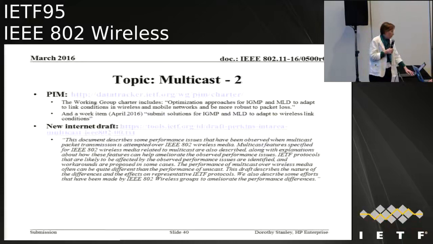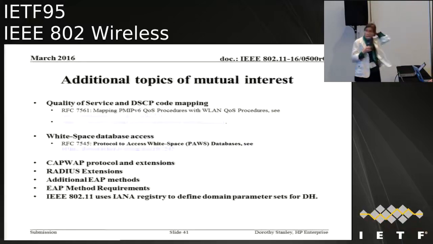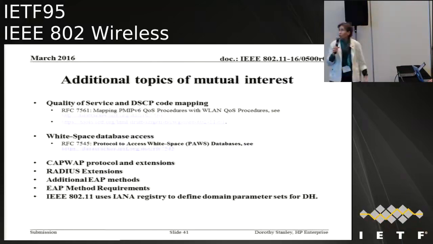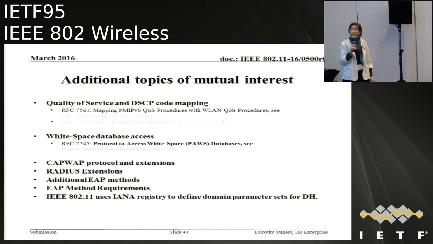Additional information on multicast. Topics of mutual interest. So this gives you a little bit of history of what we have discussed in the past. So topics from QoS and DSCP code mapping. This remains an area of interest just because, you know, having the same values end to end is important.